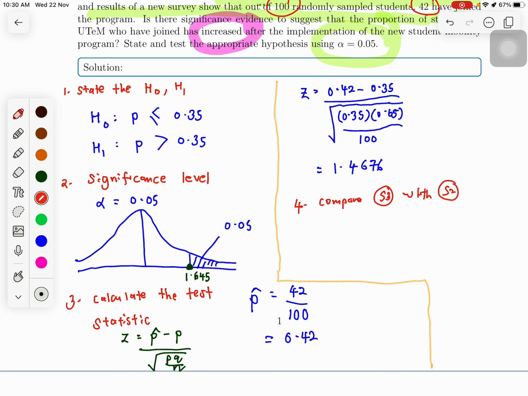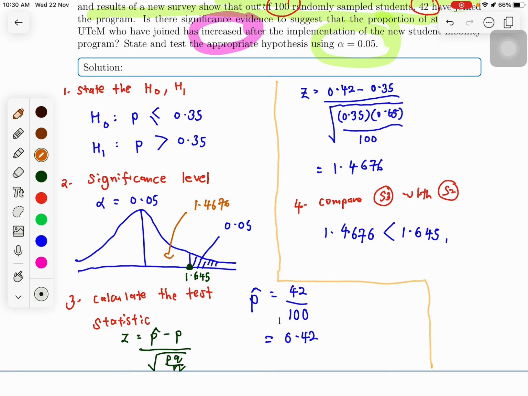Since we have 1.4676 as your test statistic, and this value is less than your critical value 1.645, your 1.4676 is in the accept region.